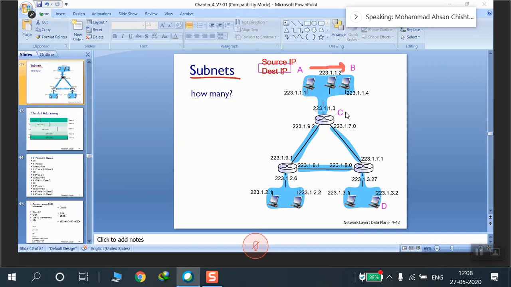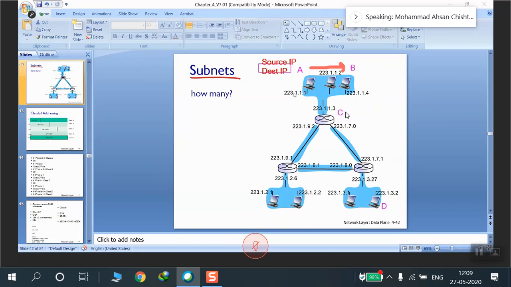What is the destination IP address in this case? The destination IP address in this case is 223.1.1.4.